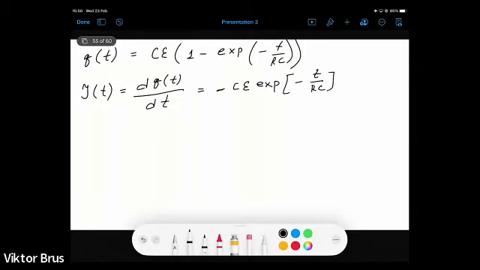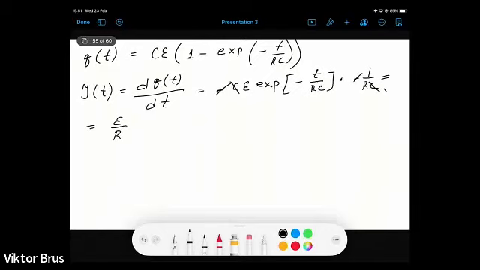And here we need to multiply by the derivative also of the argument of the exponent, which will be just minus 1 over RC. So now we can cancel out the capacitance in the numerator and denominator, also cancel out these minus signs. So it will be eventually epsilon divided by R.